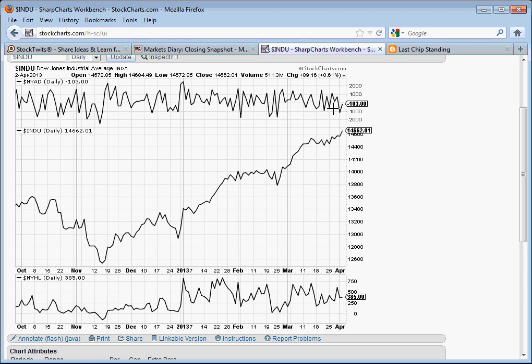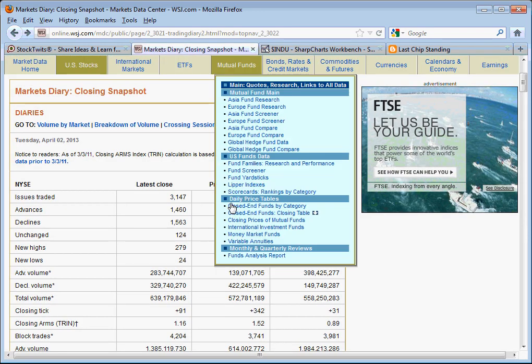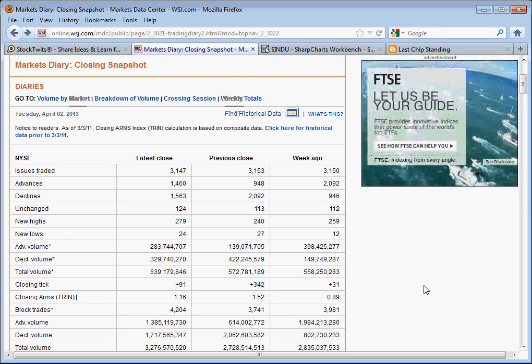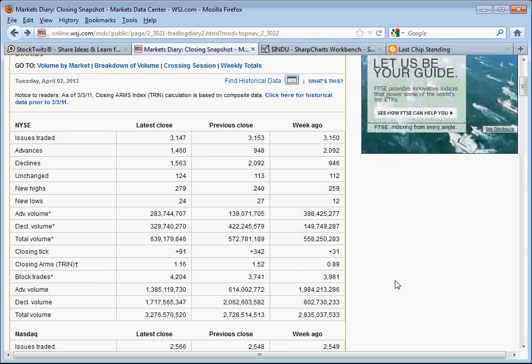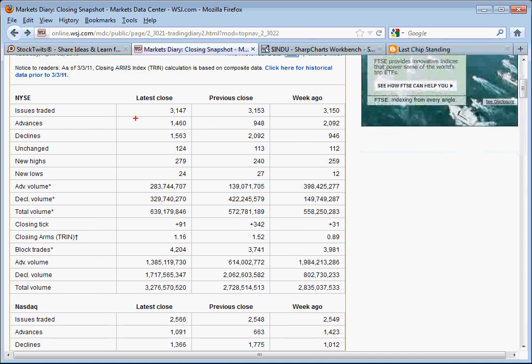So if we take a look at some of the stats here, this is from WallStreetJournal.com, and you could see that the advancing issues on the New York Stock Exchange is 1460, while the declining is 1563. So you can see there's a net difference of 103. There's 103 more declining issues than advancing.